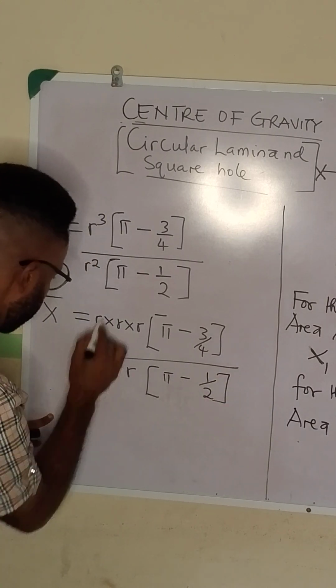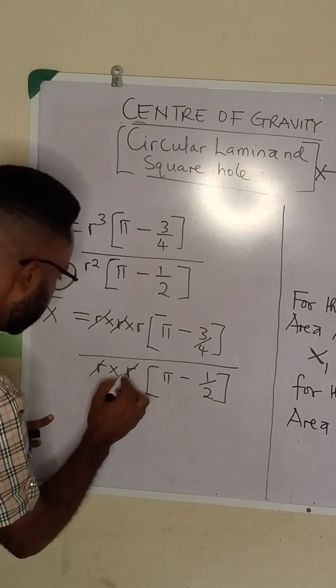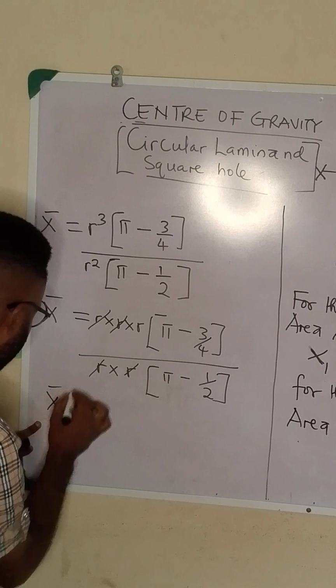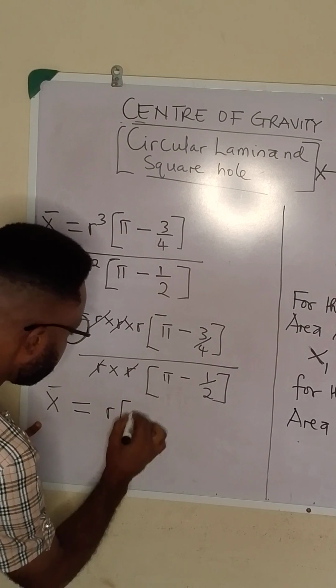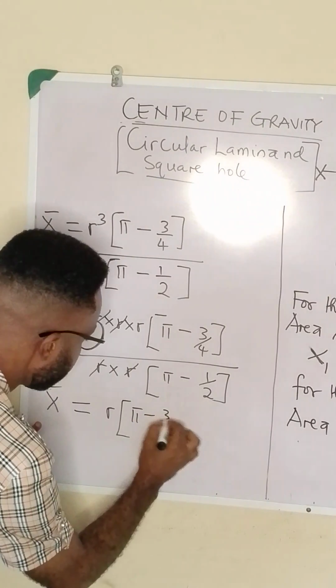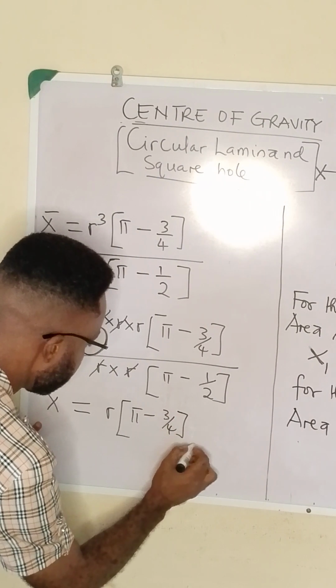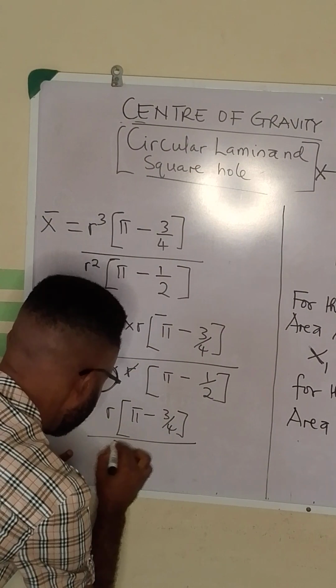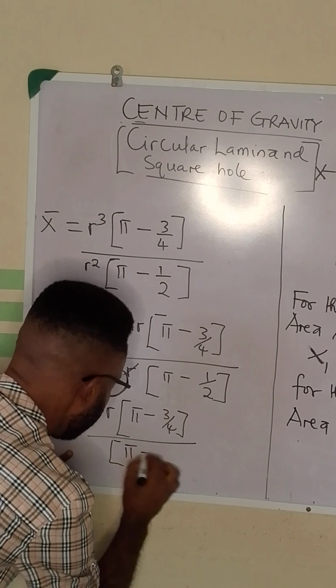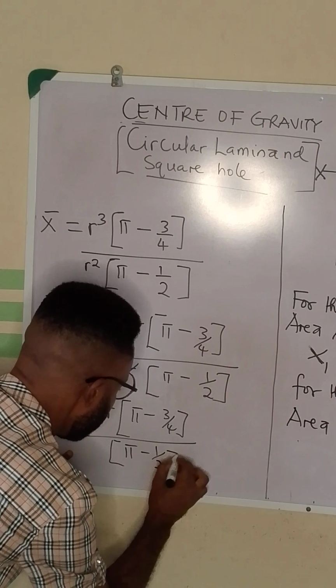So this will cancel out this, so that x bar will be equal to r into pi minus 3 over 4, divided by pi minus 1 over 2.